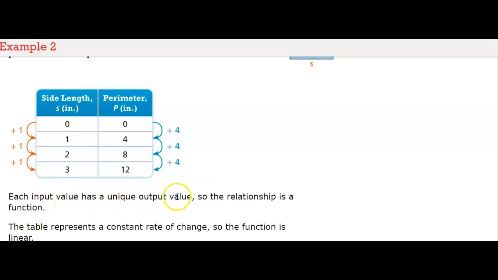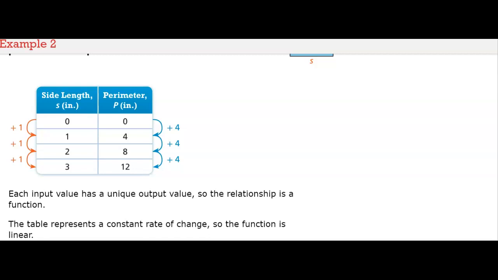Each input value has a unique output value, so the relationship is a function. The table represents a constant rate of change. The numbers increase by the same amount on both sides: they're all increasing by 1 here, and they're all increasing by 4 on this side. So the function represented by the table is linear.